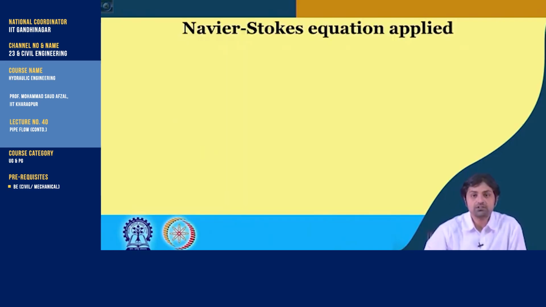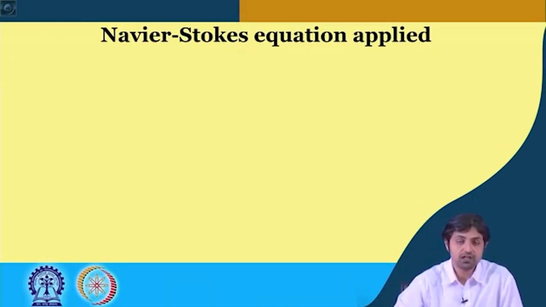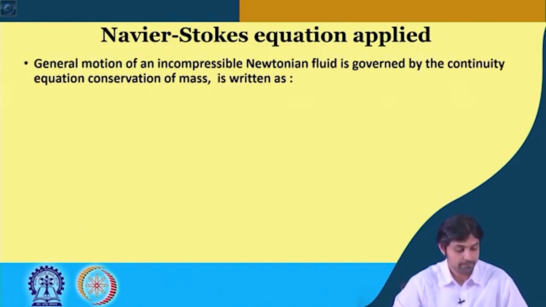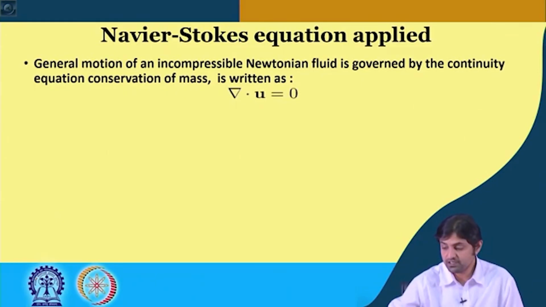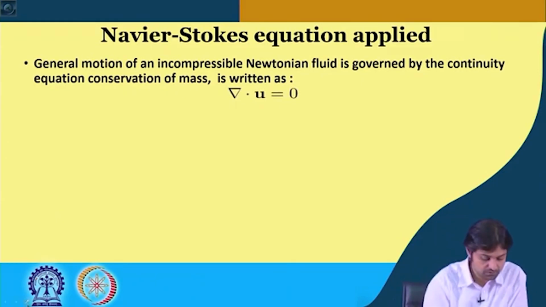So with this thing we are proceeding ahead for derivation of the laminar flow through pipes using the Navier-Stokes equation. All right. So the general motion of an incompressible Newtonian fluid is governed by the continuity equation and the conservation of mass. This continuity equation is written as del dot u is equal to 0.